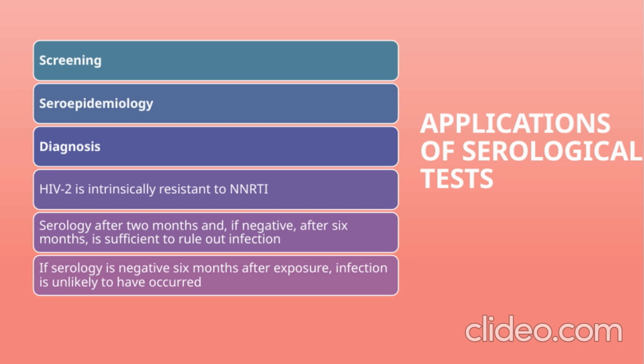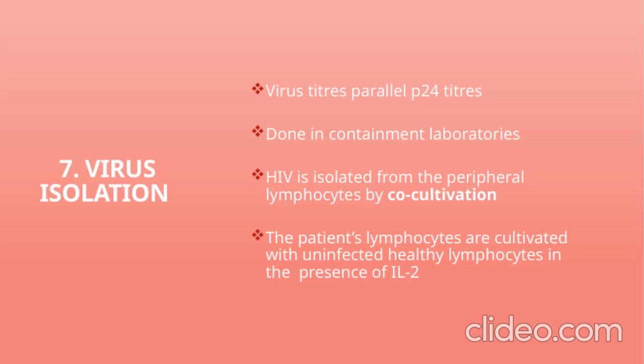As we look at this slide, the key point is that virus titers closely parallel P24 titers, which helps us measure viral presence and activity. This process is done in containment laboratories, ensuring safety while handling infectious agents. To isolate HIV, the virus is obtained from peripheral lymphocytes through a method called co-cultivation.